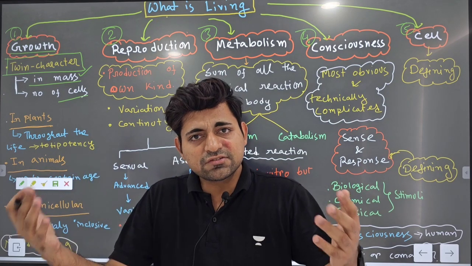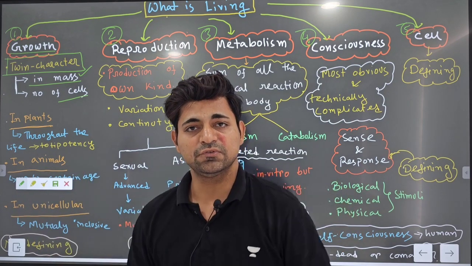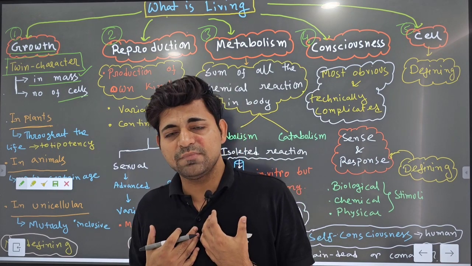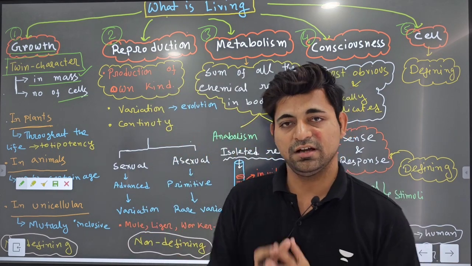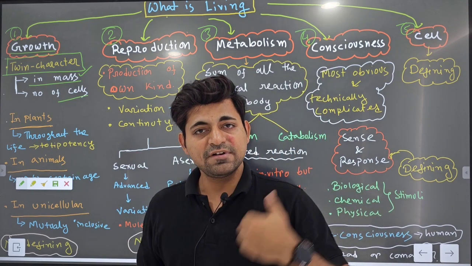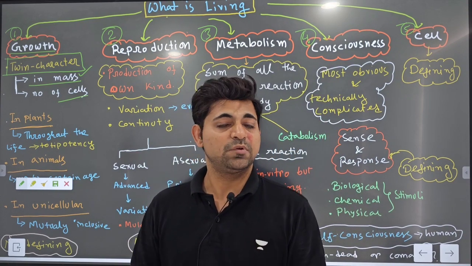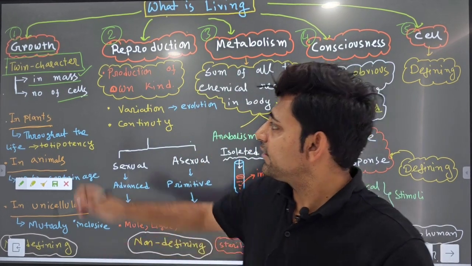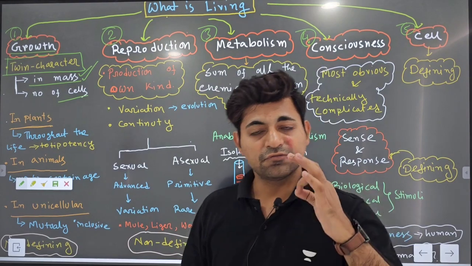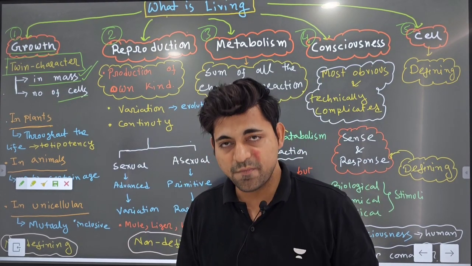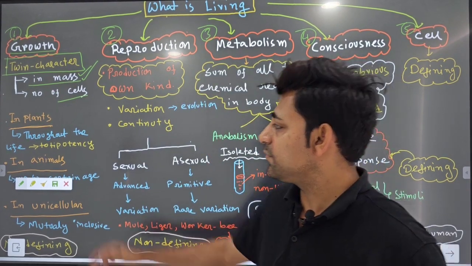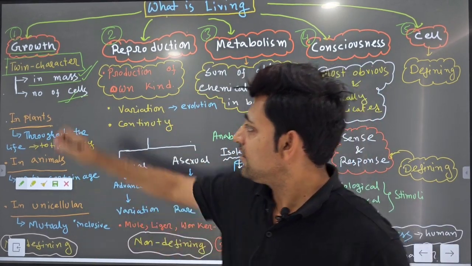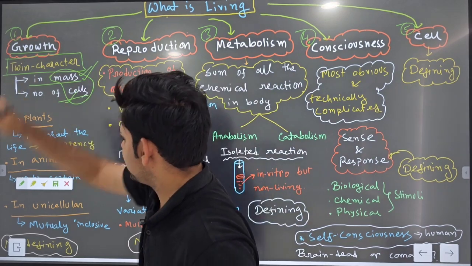Where has that food gone? My body weight is only maybe 72 to 74 kilograms. That food provided me energy. Some of it helped me increase my body mass, and some of the nutrients helped with cell division. So, growing in mass and growing in the number of cells. That's why growth is a twin characteristic feature.